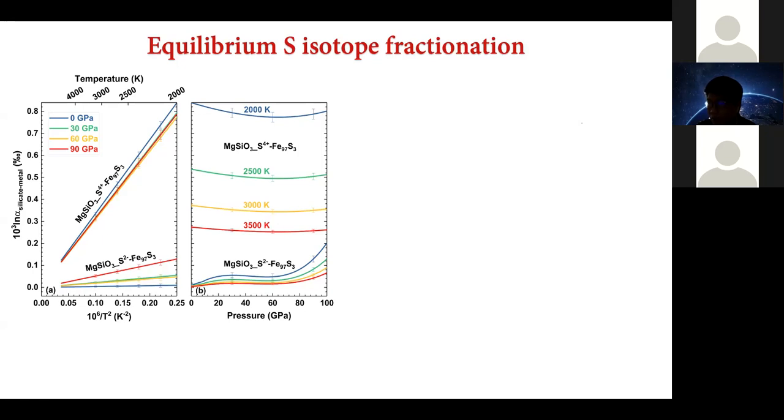The changes in metal structure property with pressure only slightly affect the equilibrium isotope fractionation between silicate and metal melt. For example, at 3000 Kelvin and 0 to 19 GPa, the sulfur isotope fractionation between the reducing silicate melt and the metal melt is no more than 0.05 per mil, which is very small.